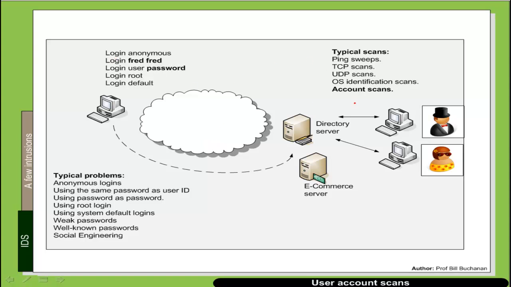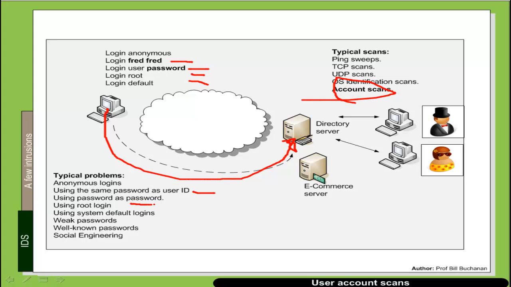And we might also see account scans, where an intruder, once they find a login server, might continually go through a username and try various passwords. So the problems that we might have are anonymous passwords, using the same password as the user ID, root logins, weak passwords, well-known passwords, and social engineering.